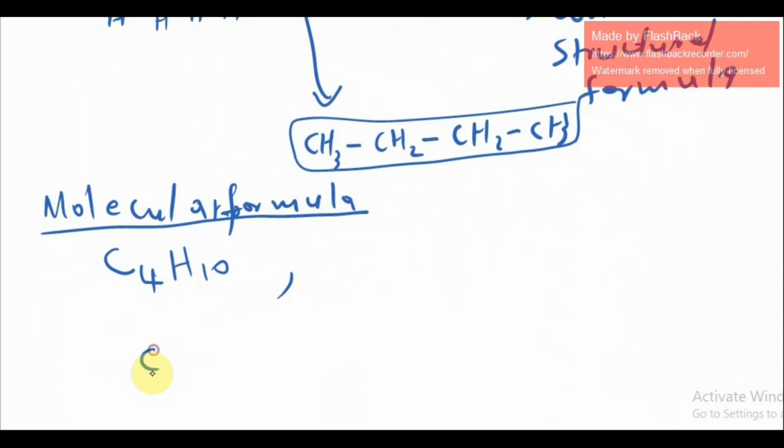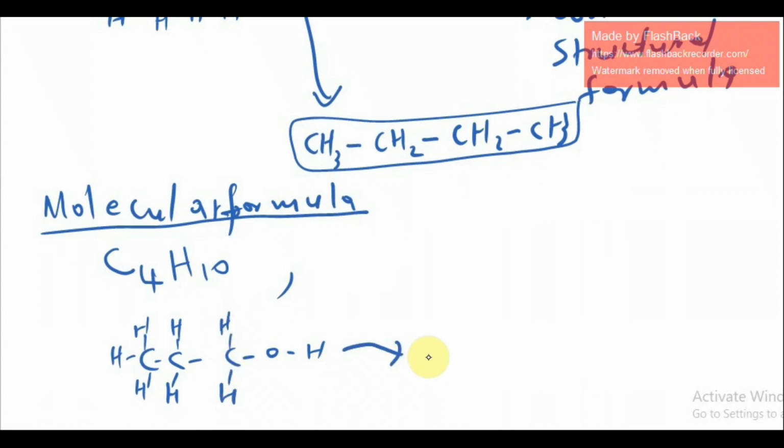Now if we look at this one, with an OH here. This one is given as a structural formula. I will convert it to a molecular formula. So I will just count how many carbon atoms.